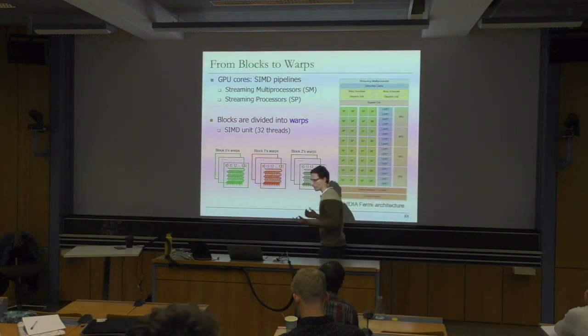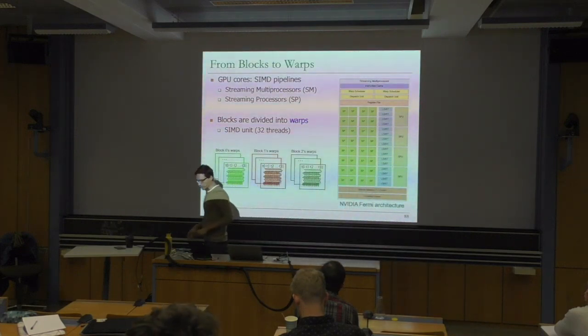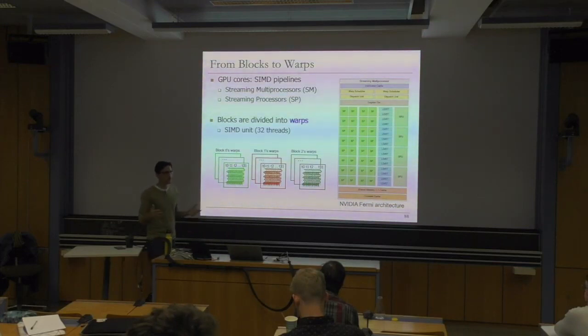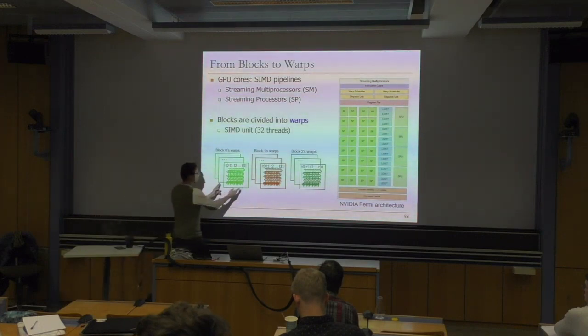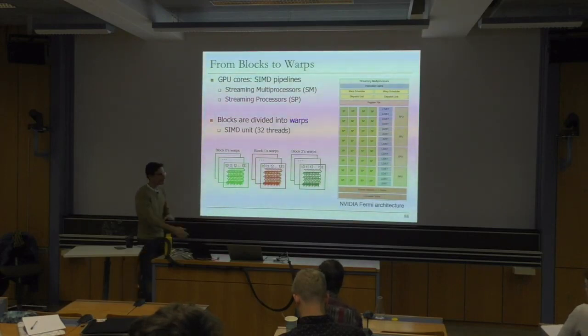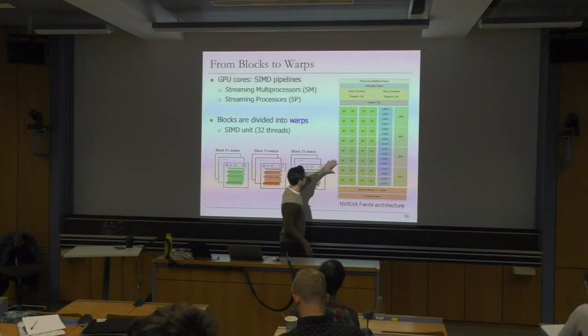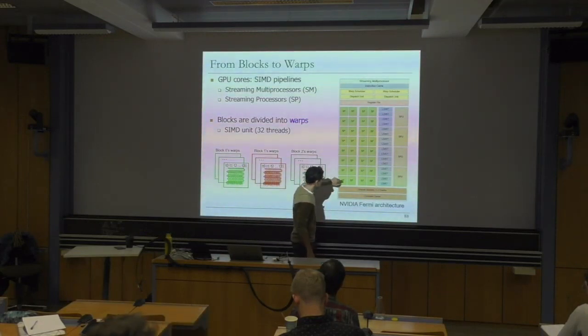That's one of the first programming hints for people who learn to program GPUs: you always use blocks with a number of threads that is a multiple of 32, because you really want to use all the lanes that are available for each of the warps.